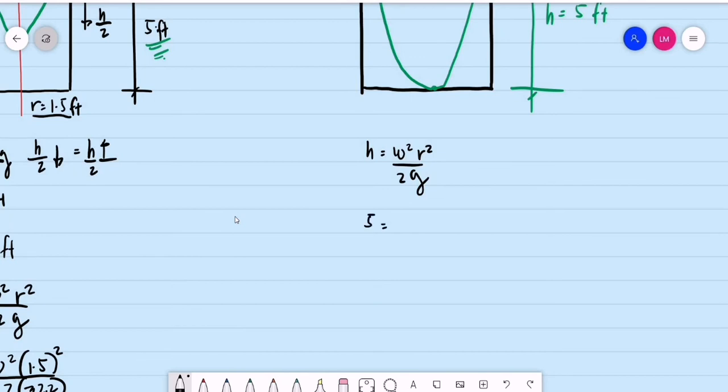We have 5 feet equal to the angular velocity squared. The radius of the tank is 1.5 squared. This is divided by twice of 32.2. So we'll be having the angular velocity.